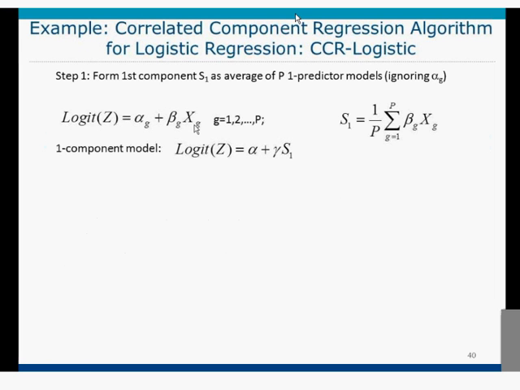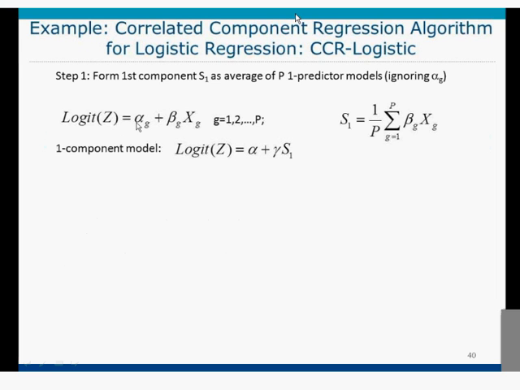They follow the assumptions of linear discriminant analysis, namely multivariate normal and equal covariance matrix within each of the groups. For simplicity, I'm just going to consider two groups, so Z is either 1 or 0. That's the dependent variable. Logit Z is just the log odds of being in group 1 versus group 2.